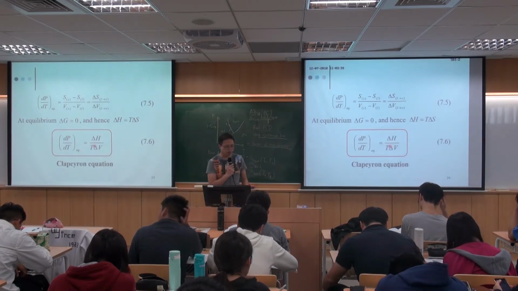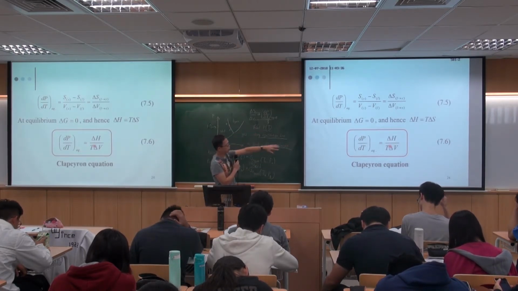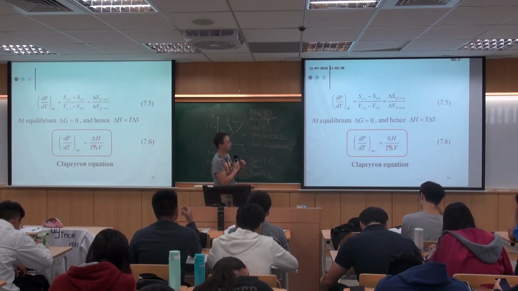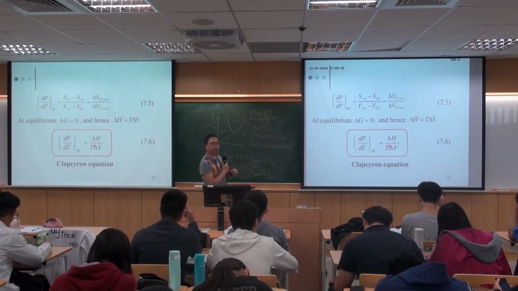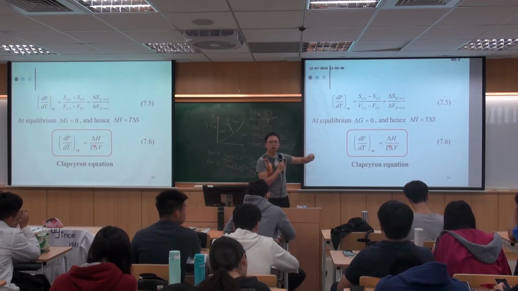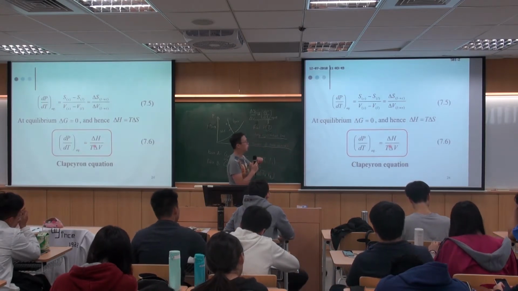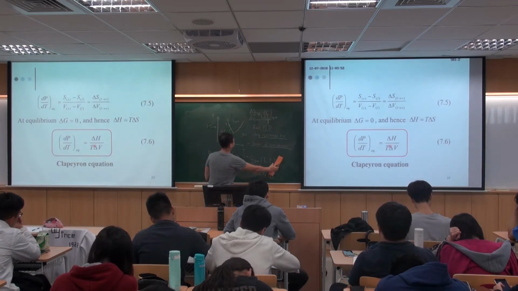And more importantly, if you know delta H as a function of temperature, and also delta V as a function of temperature, then you can integrate the right-hand side over temperature and then directly derive pressure as a function of temperature, right?